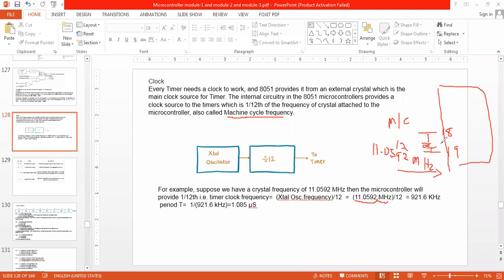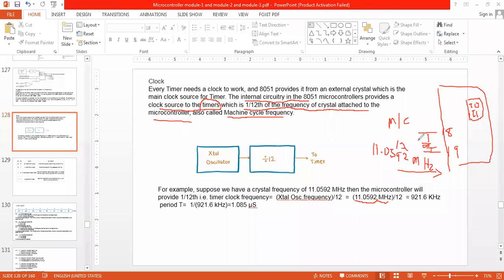Now, when this is taken inside the microcontroller, there is an internal circuitry in the 8051 that will provide the clock source to the timers. Okay, so we have timer registers in the RAM, T0 and T1. This circuitry will provide 1/12 of the frequency of the crystal attached to the microcontroller.